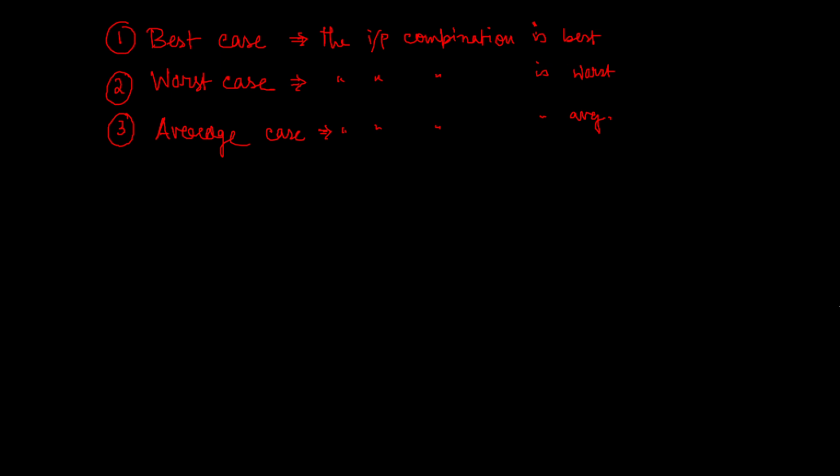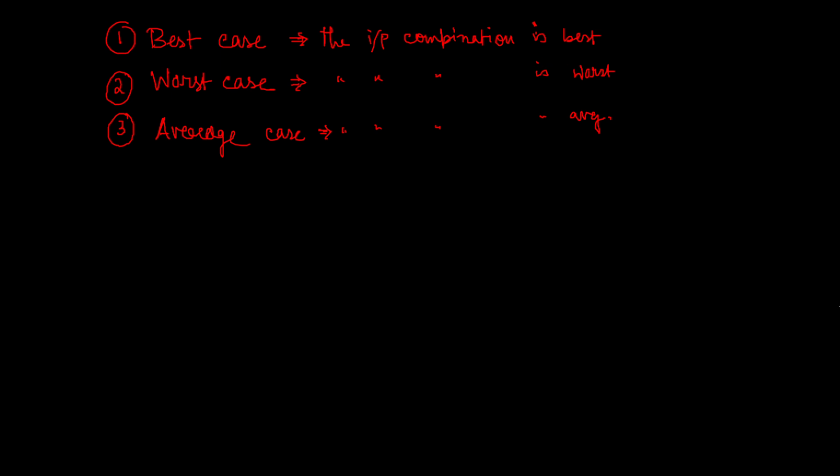So as Prabhu was saying, the best case scenario for a linear search is that the data is present as the first element. But what is the worst case scenario? The worst case can be something like the data is not even present. You will search through the entire array, but the data is not present.